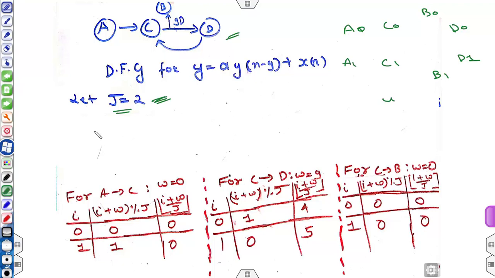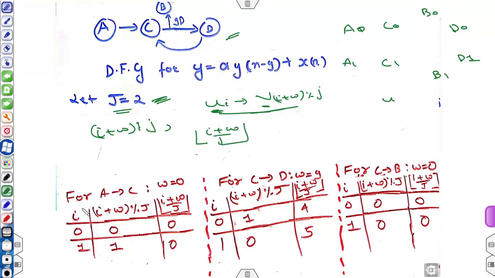Okay, and after that for every pair of nodes connected by an edge you have to calculate I plus w mod j. Okay, so u of I will be connected to v of I plus w mod j, and the weight of this edge will be given by the floor value of I plus w divided by j.